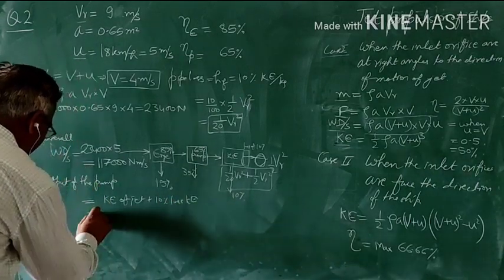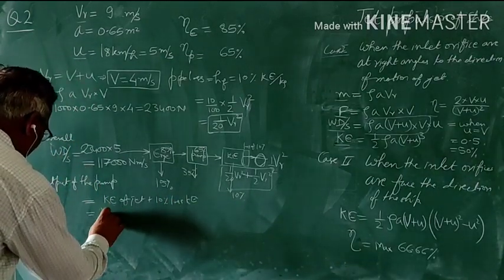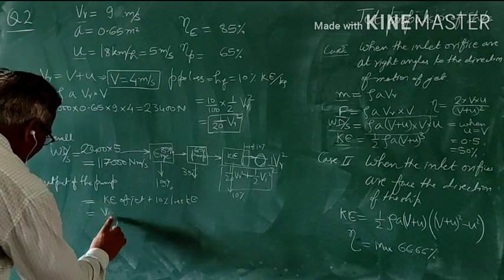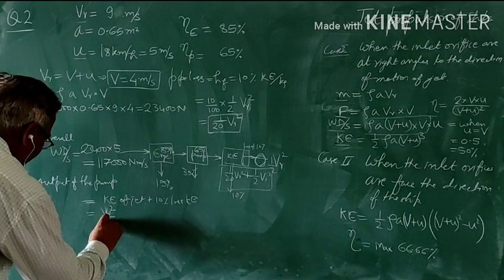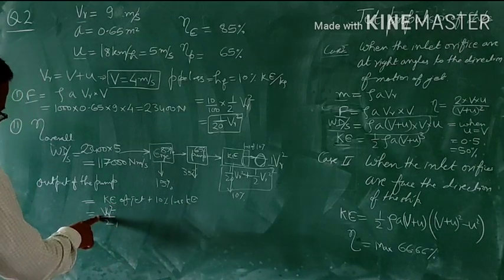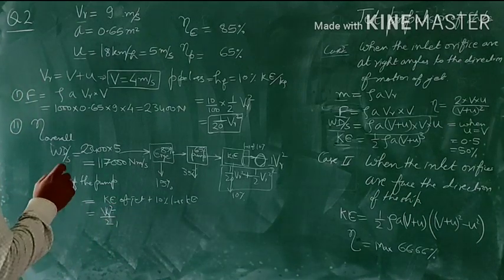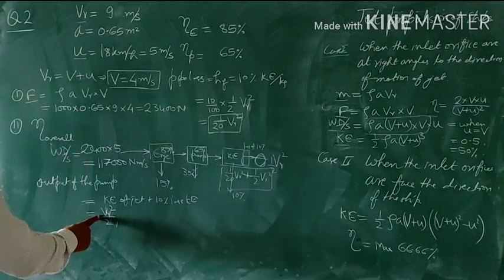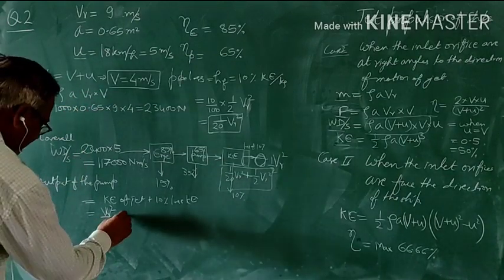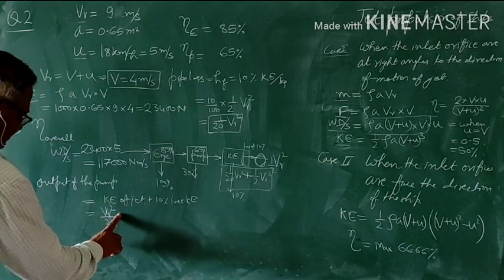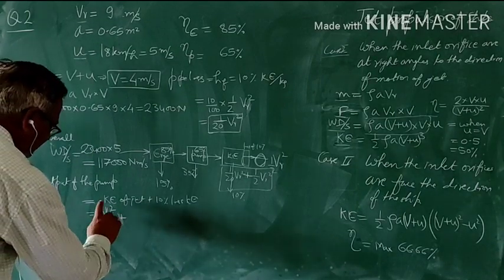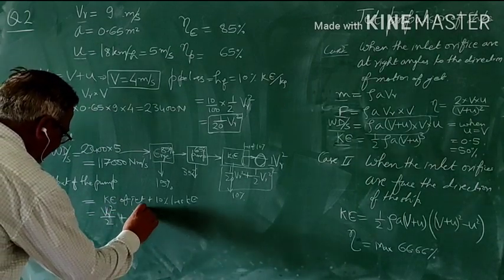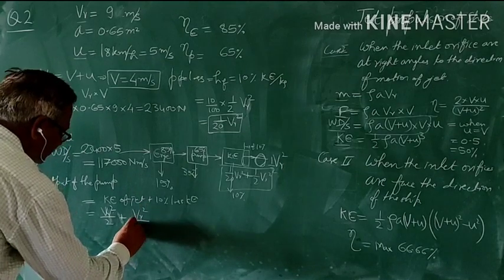So it should be equal to Vr square by 2, for 1 kg we are considering. So rho A Vr, that is the mass. So here it is 1 multiplied by the kinetic energy of the jet, plus 10% of this, that is Vr square by 20.